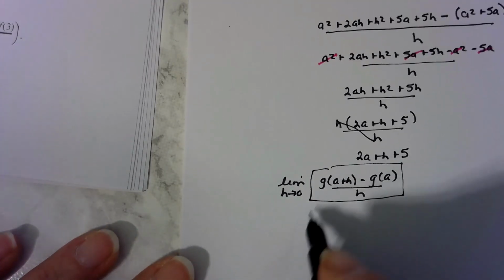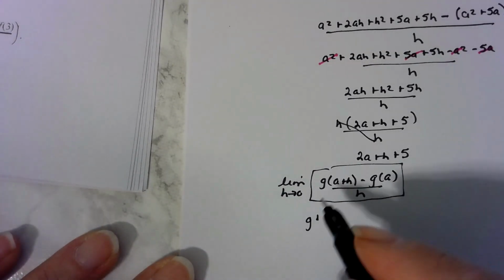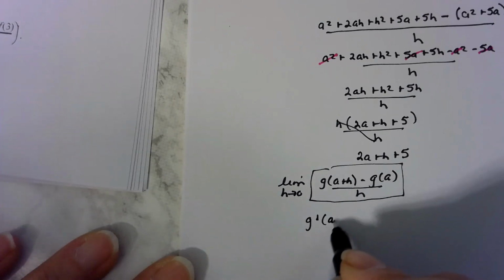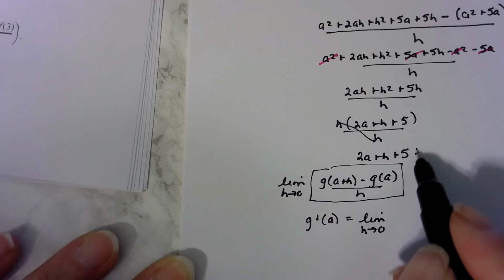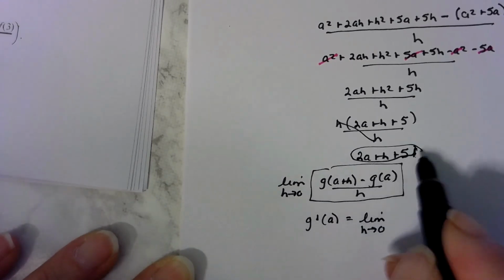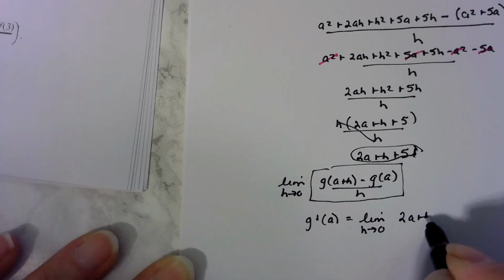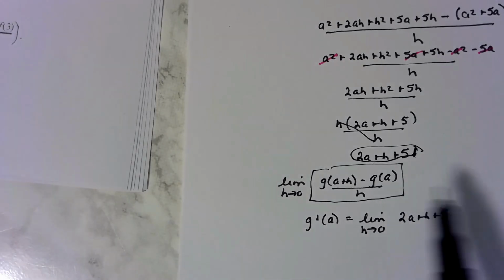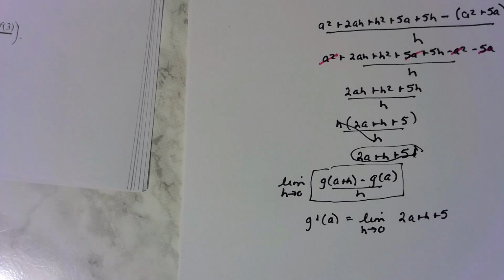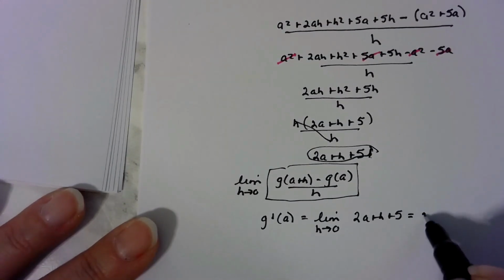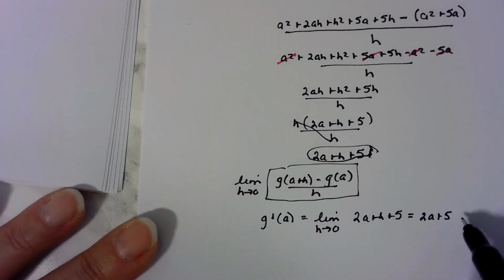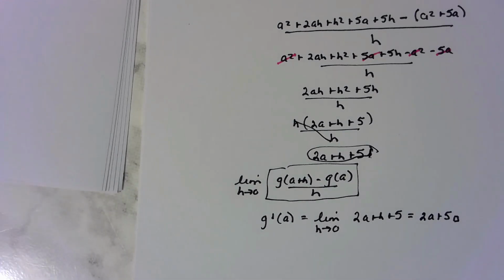So the formula for the derivative, g prime of a, is equal to the limit as h approaches 0 of 2a plus h plus 5. So all you've done was the hard part of that work. Now it's simplified, so at this point you just have to plug the 0 in. So the derivative is 2a plus 5. Done. Nice stuff.